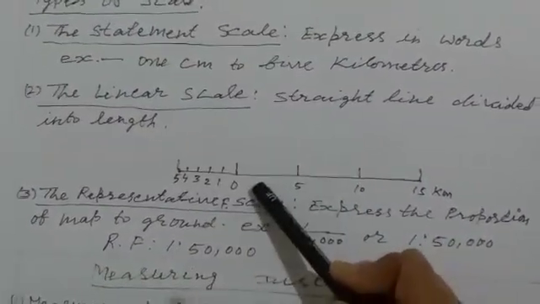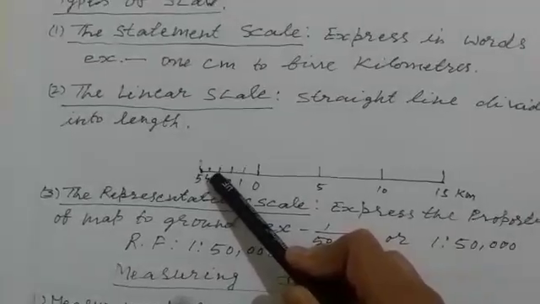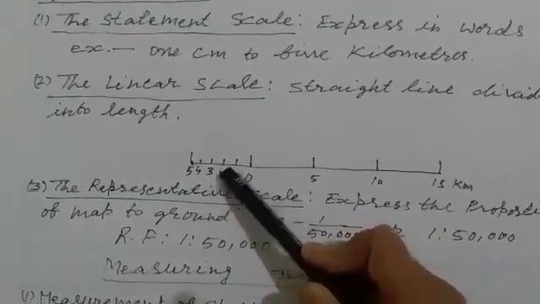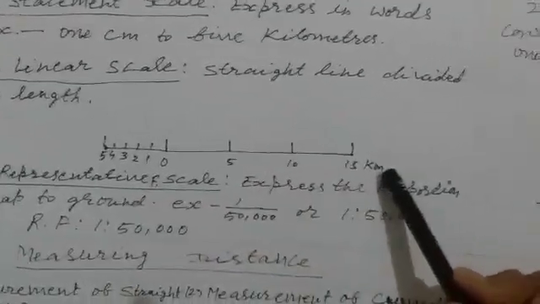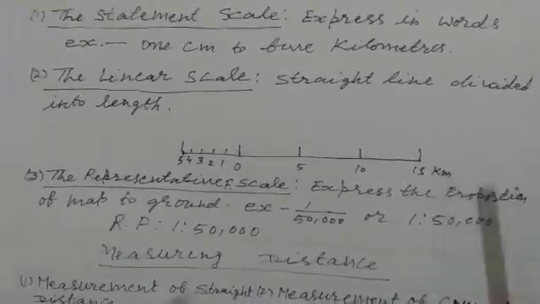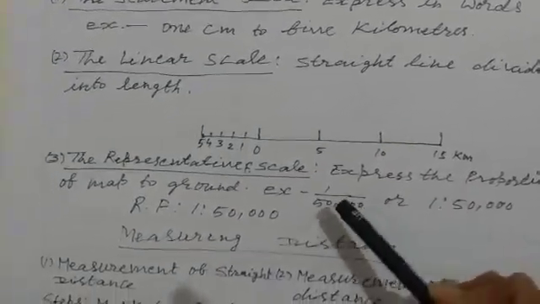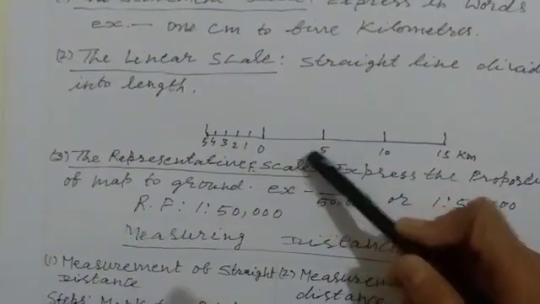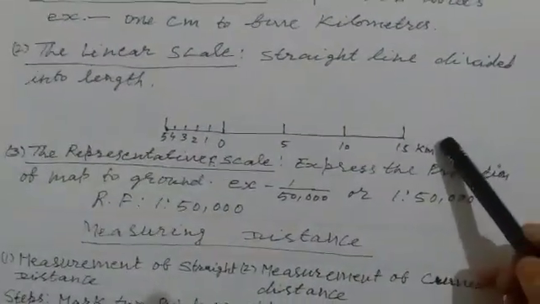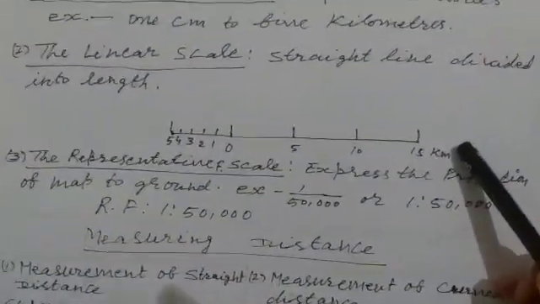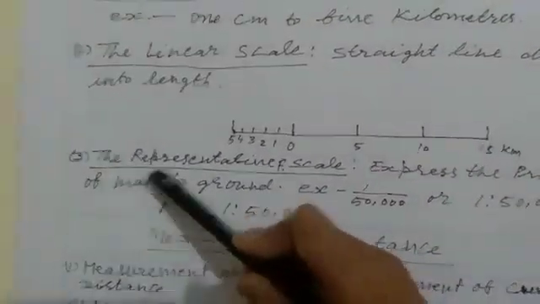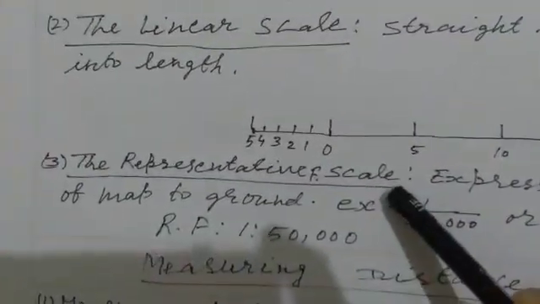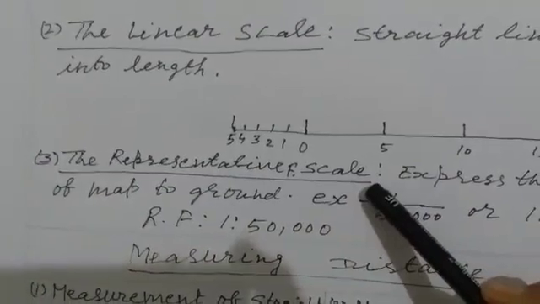Primary part is divided into meters and secondary part is divided into kilometers. So 1 cm is equal to 5 kilometers. Clear?